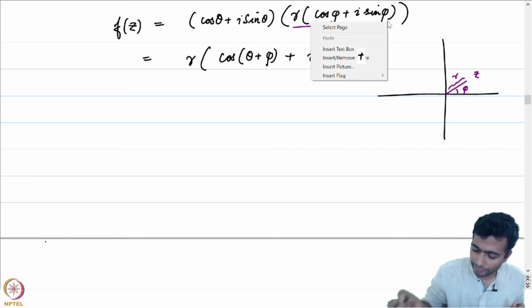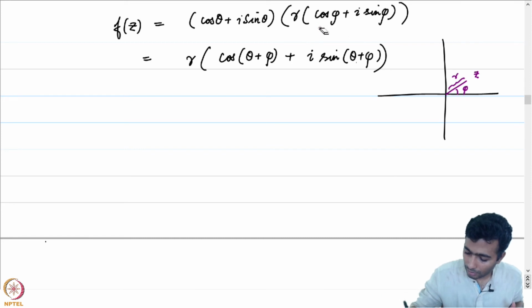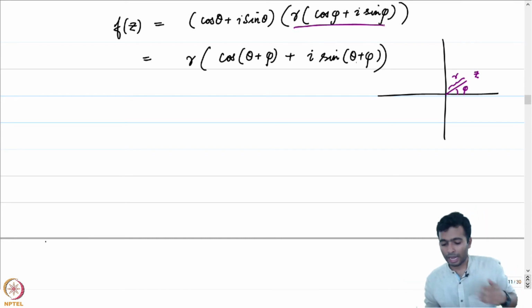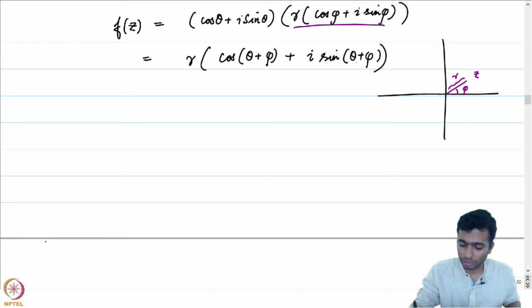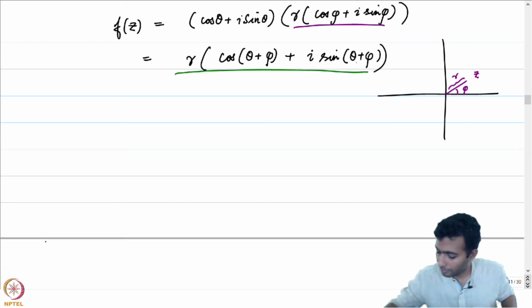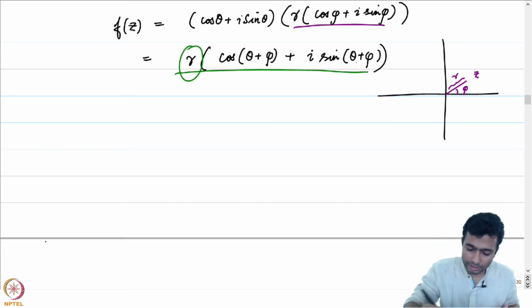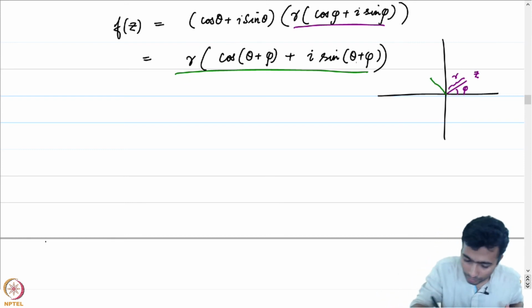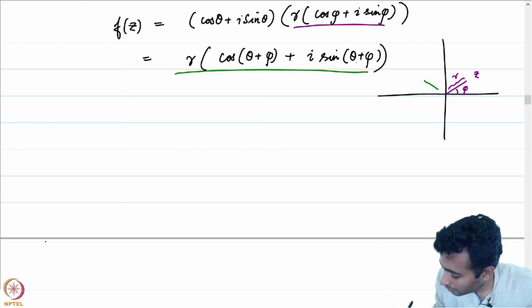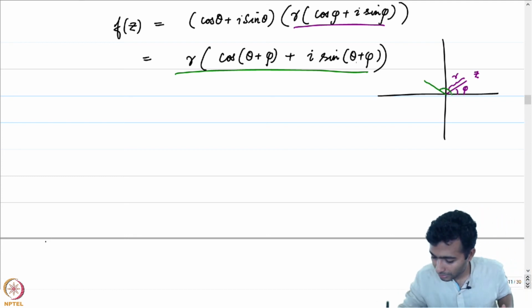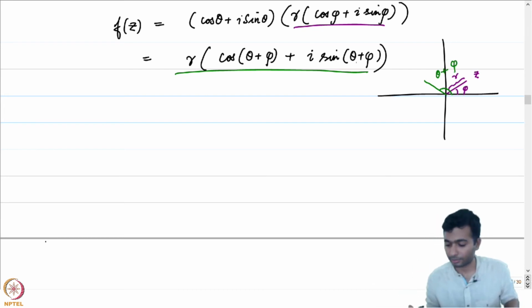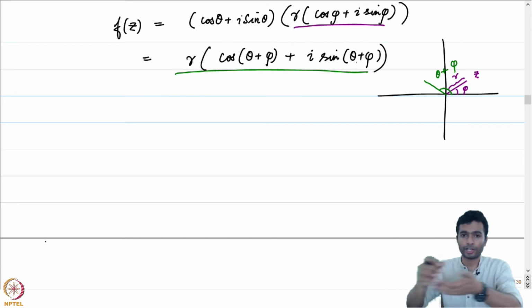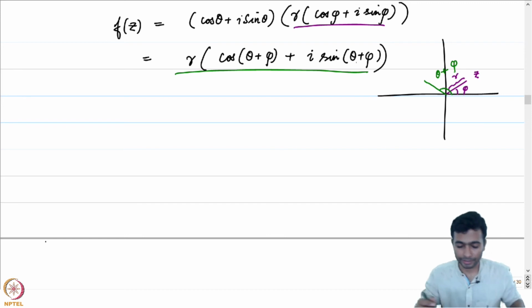Notice that this is the z we have just drawn, and we will be looking at what this element is. This element will have the same magnitude, notice that the r is the same, and this angle is basically theta plus phi, and that's happening to every z. So what we have concluded by looking at it geometrically is that it is a rotation by theta of every element.